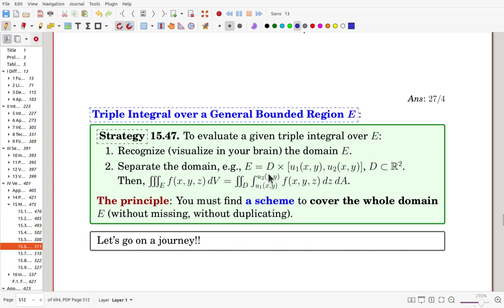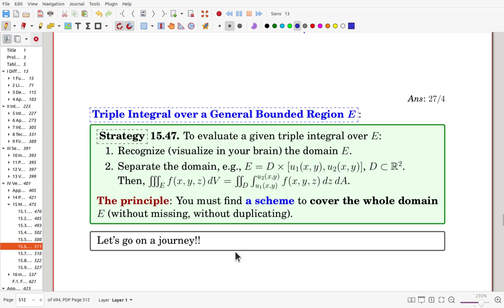One is a two-dimensional region D, and the other is the one-dimensional vertical direction over D. Along with this separation, you can get the integral in a much easier way. The triple integral is changed into an outer double integral over D and an inner one-dimensional integration. Here the principle is that you must find a good scheme to cover the whole domain without missing, without duplicating.